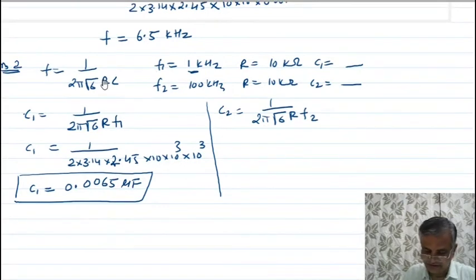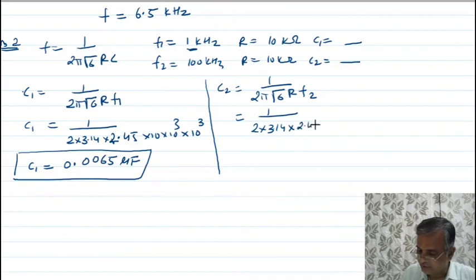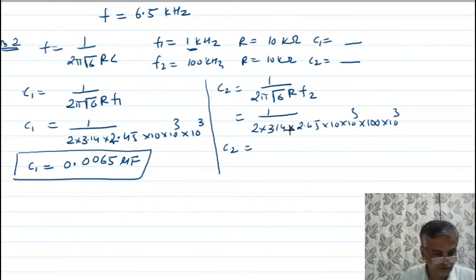I can write 1 upon 2 into 3.14 into 2.45, R is 10 into 10 raised to 3. Frequency is 100 kilohertz, which means 100 into 10 raised to 3. If you do the calculation, I am sure you will get nearly 65 picofarad.